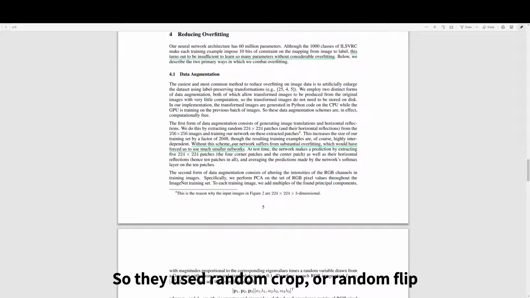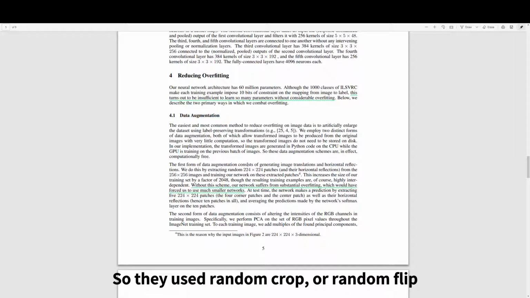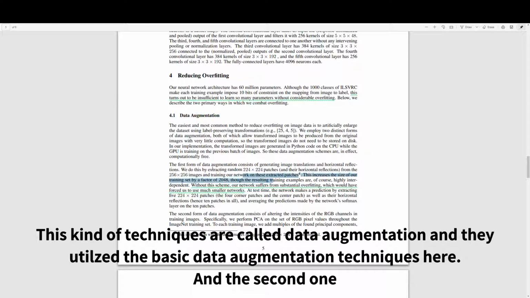They used random crop, random flip, and so on. These kinds of techniques are called data augmentation, and they utilize the basic augmentation techniques here.